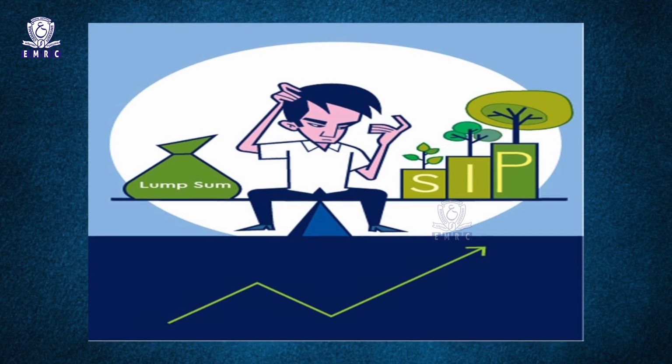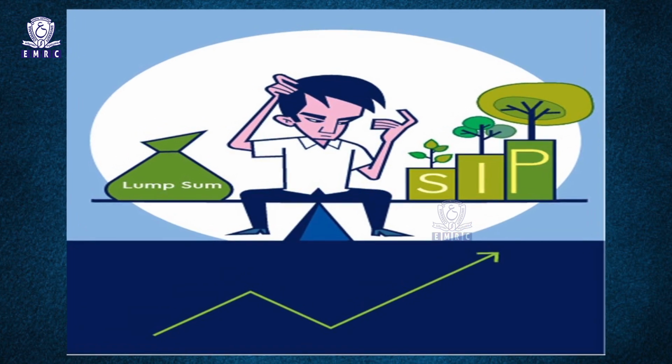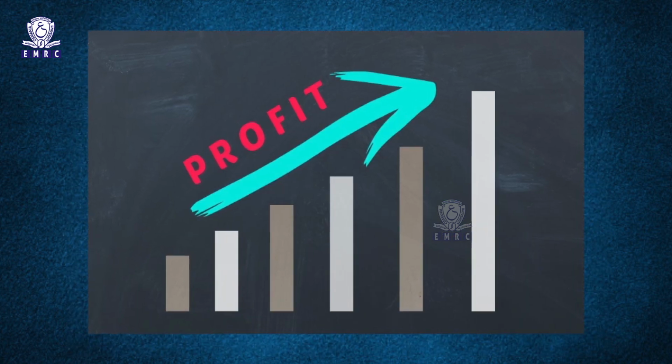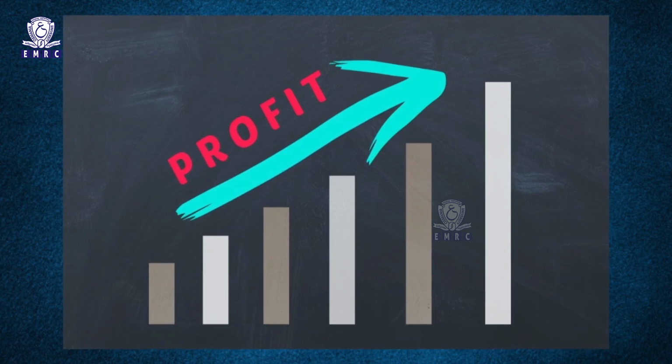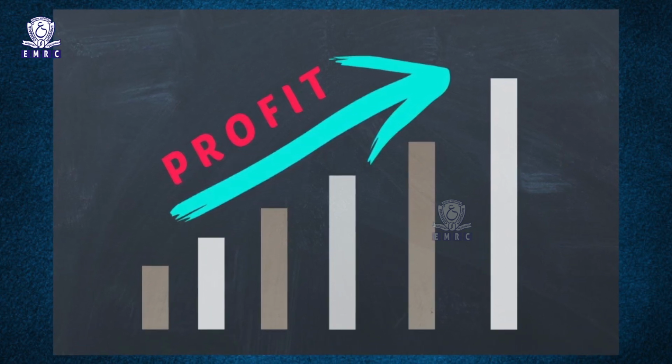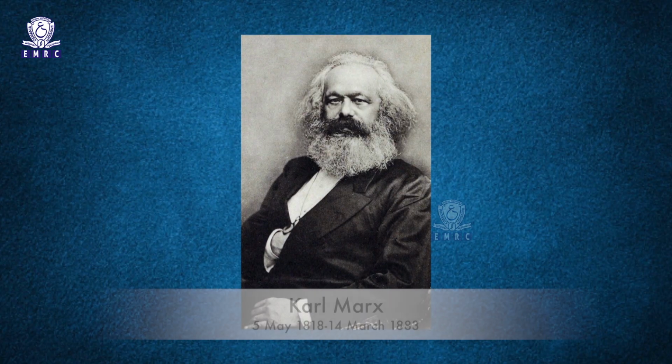The workers produce surplus wealth. Those who own the means of production are able to take this surplus wealth as profit for their own use. In Marx's view, this is the essence of exploitation and the main source of conflict between the classes that has occurred throughout history.